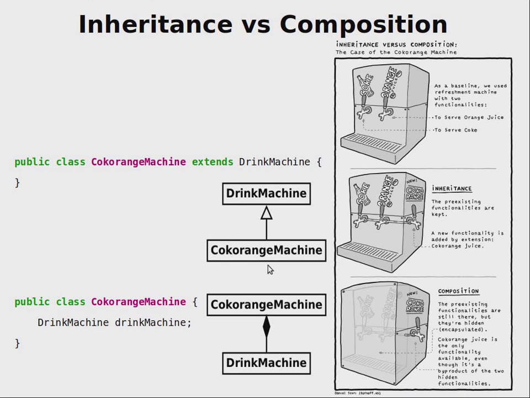And in a UML class diagram, this means that the Coke orange machine extends the drink machine, and the details about these outputs are not shown. That would be some kind of either attribute or method, probably a method because it behaves. Or here you say that the drink machine is an essential part, encapsulated and hidden in this case, inside this Coke orange machine.